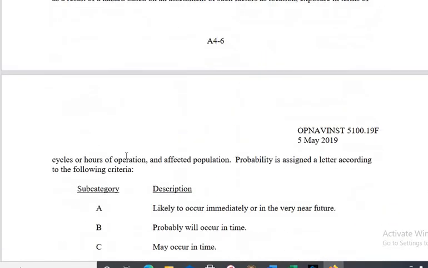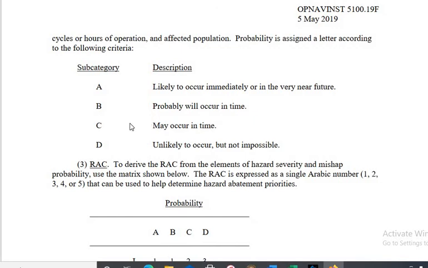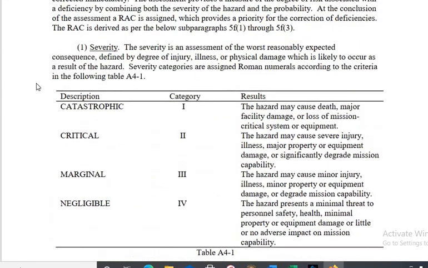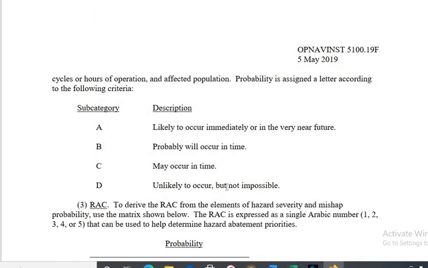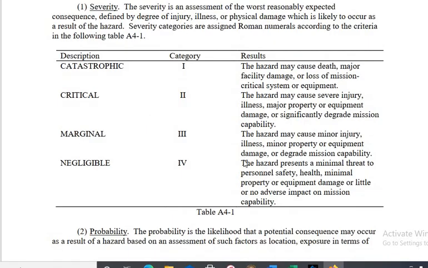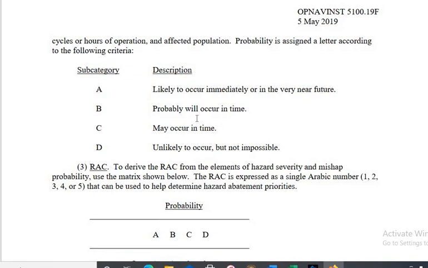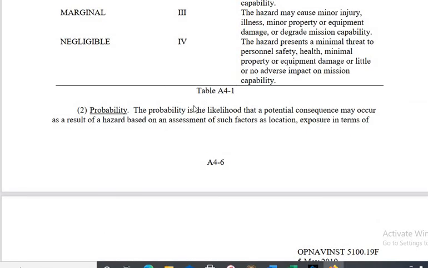That's for severity. After severity, you also got your subcategory for probability. So how likely? For example, catastrophic is a 1, but if that's unlikely, we'd call that a Roman numeral 1 delta. If this thing blows up, it'd be really, really bad for us, but it's highly unlikely. Still a big deal, but highly unlikely.